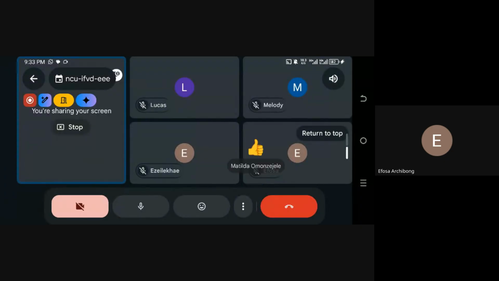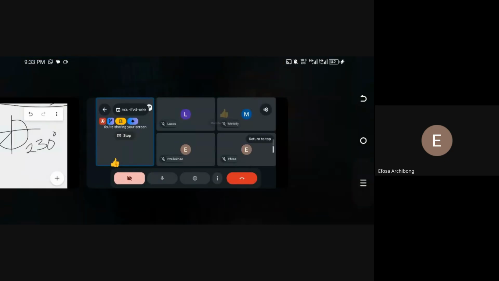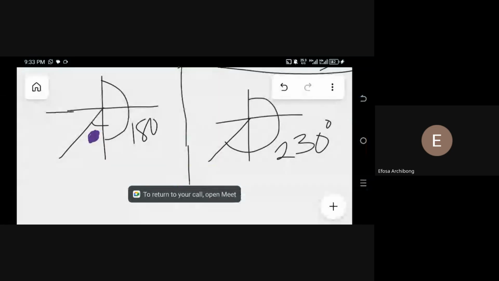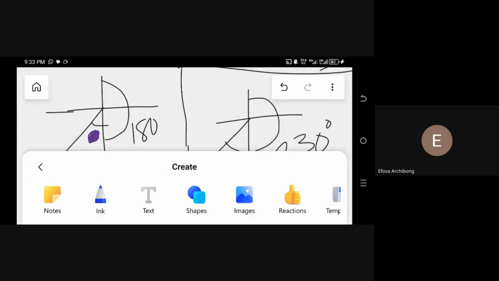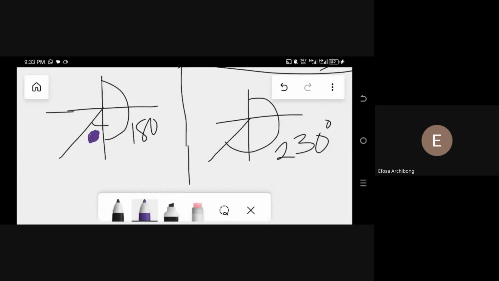50 degrees. Okay, so Lucas said that the other small angle is 50 degrees. That means he's saying that the purple angle is equal to 50 degrees. So let's hear from another person.